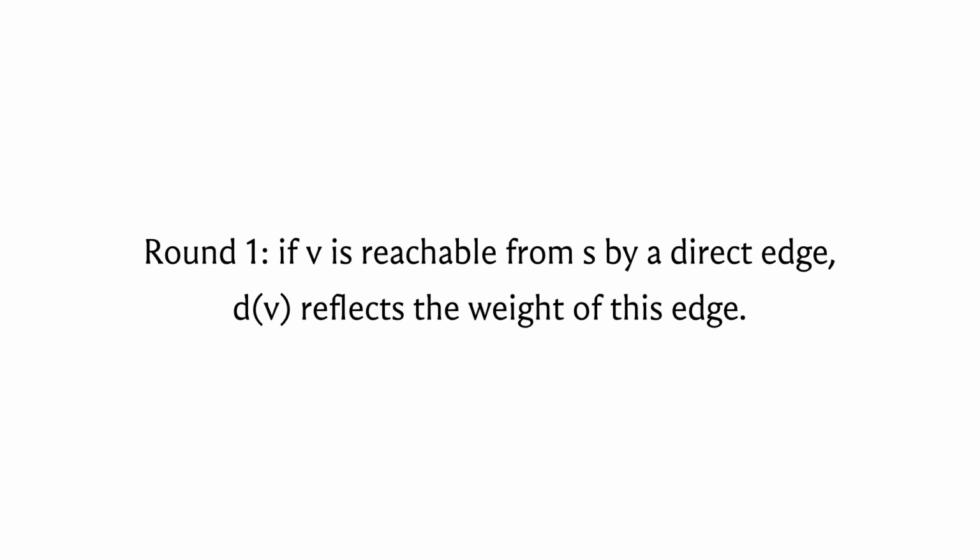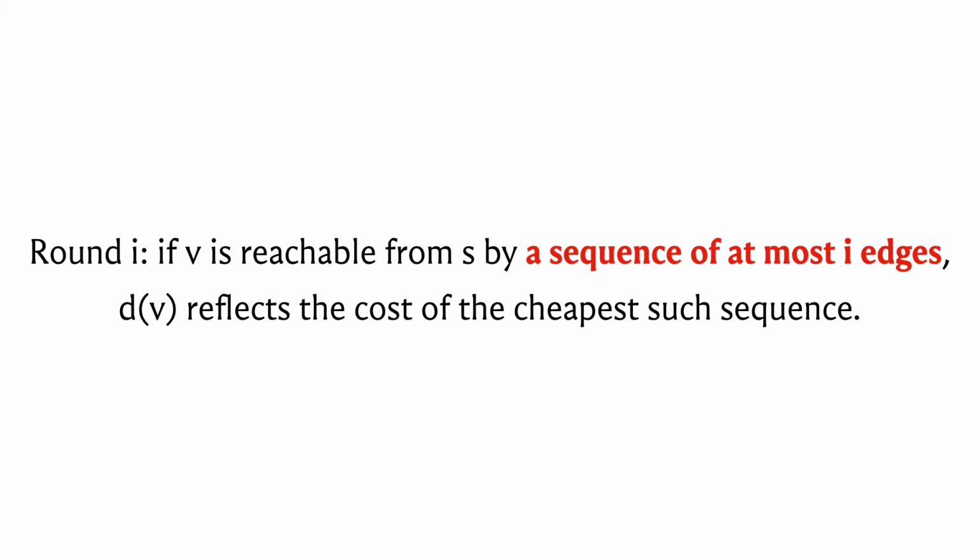So here is a claim that I'm going to make once again without proof, and as always there are links in the description where you can find out more about why this is true, or you can try to prove it yourself using something like induction. So the claim is the following. At the end of the ith round, if there is a vertex v that is reachable from the vertex S by a sequence of at most i edges, then the value in the distance array for the vertex v is going to reflect the cost of a shortest path sequence on at most i edges.